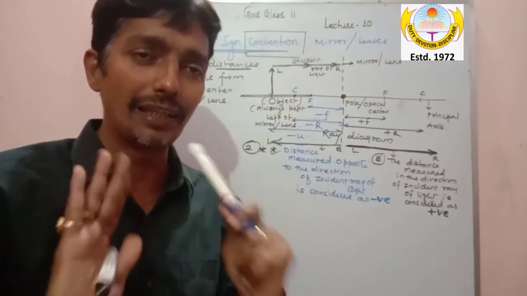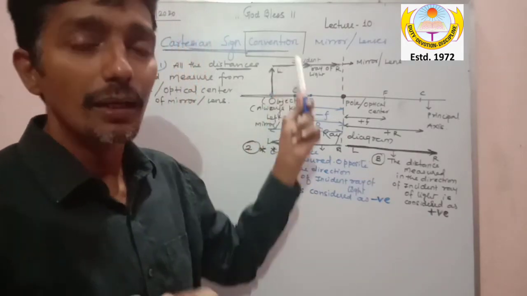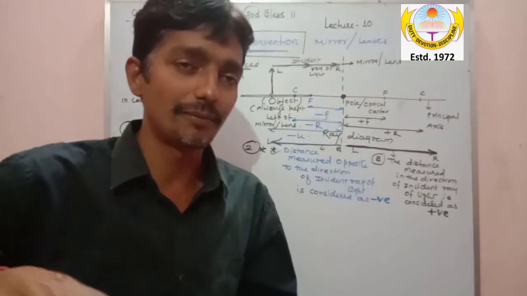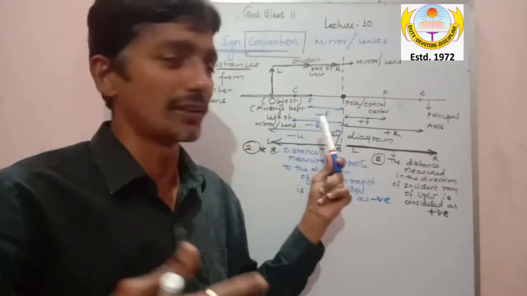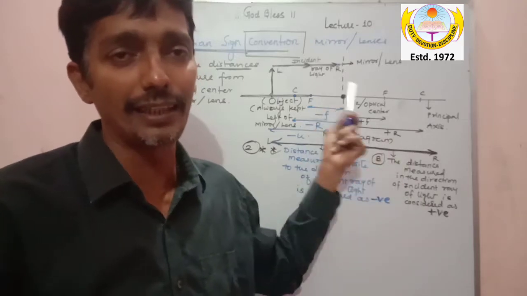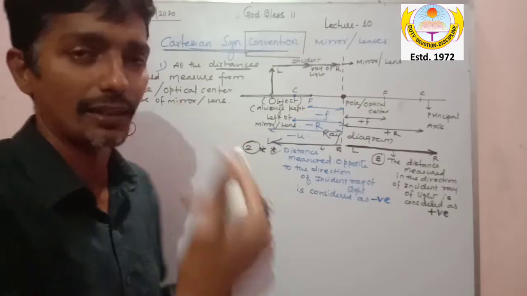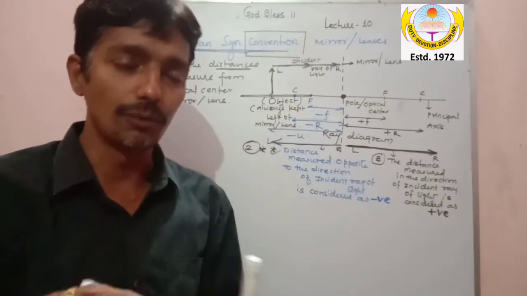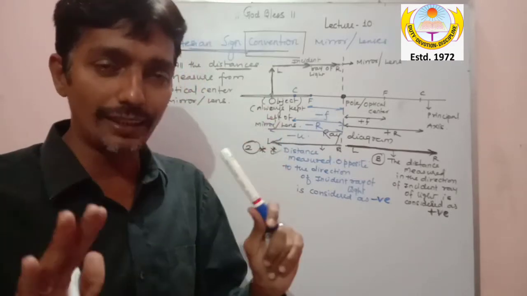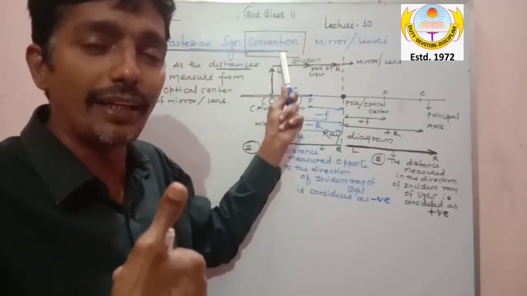Some things are fixed. So your object always points upward. But your image in the ray diagram I am not drawing here, because I will not draw any cases here. I am just showing the plane of how you will learn the Cartesian sign convention. So you know what I said, the object is always pointing in the upward direction.